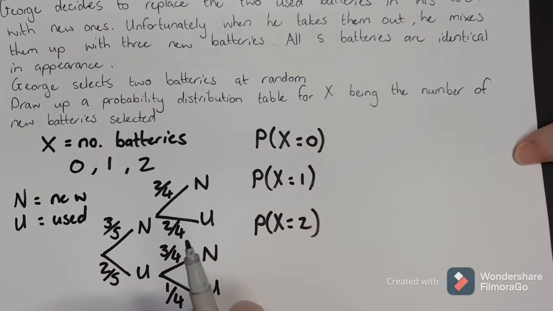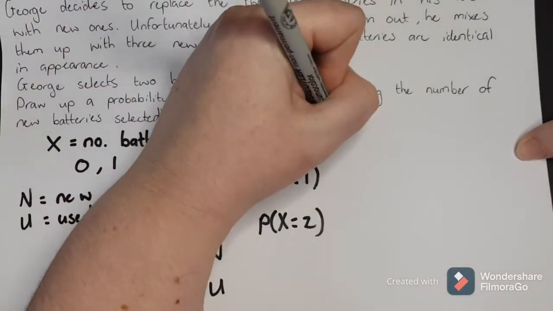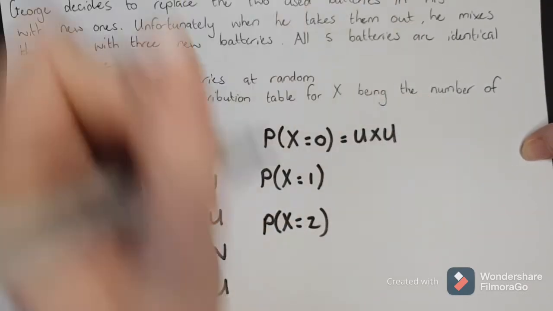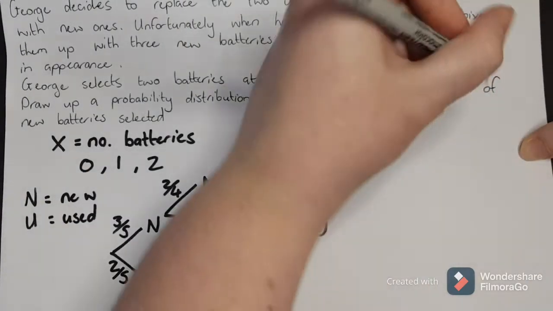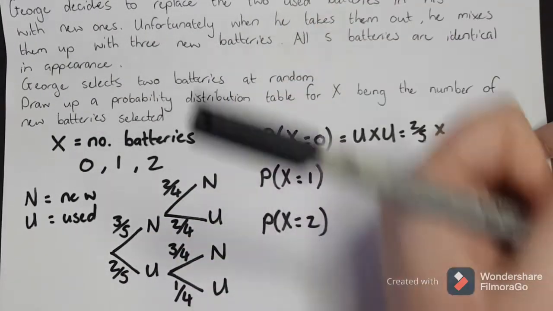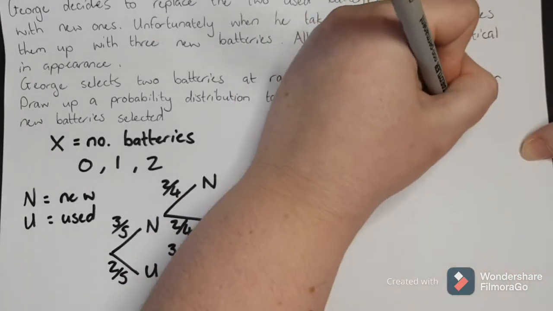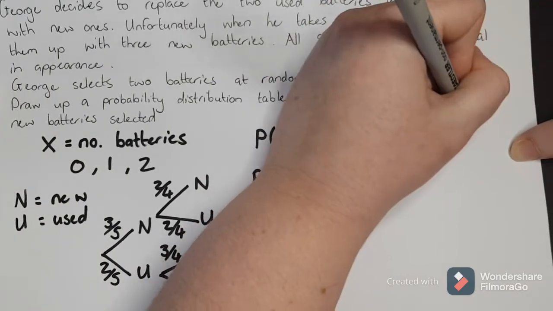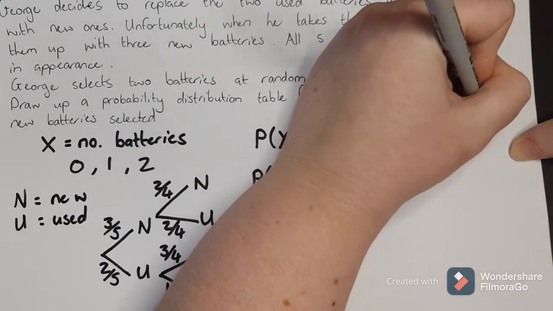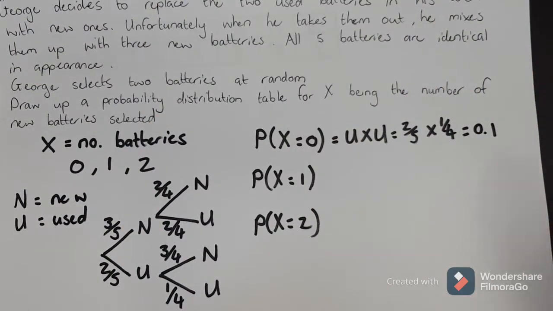So remember, and means multiply. So we're going to say a used battery times a used battery, which is then 2/5 times 1/4. And if you type that in your calculator, you get a final answer of 0.1.